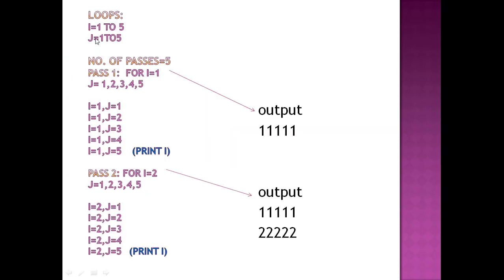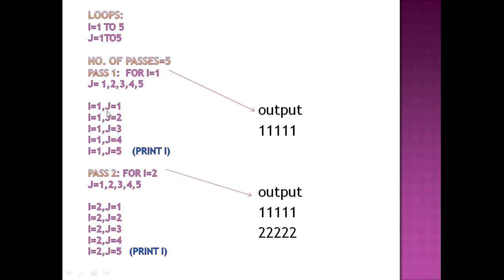The first loop will start from 1 to 5 and the second loop will start from 1 to 5. So the number of passes is 5. For pass 1, as we did in the first video, for i equal to 1, how many values of j are there? 1 2 3 4 5 values. So for i equal to 1, j is equal to 1. What is the difference here? In this pattern we will print the value of i.